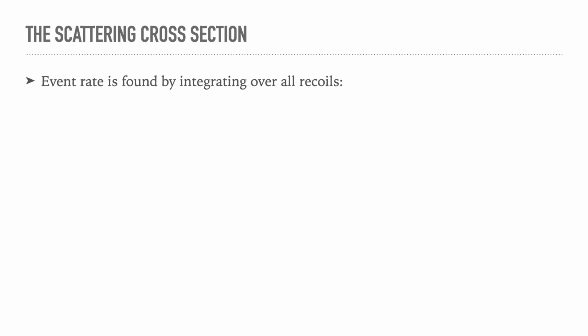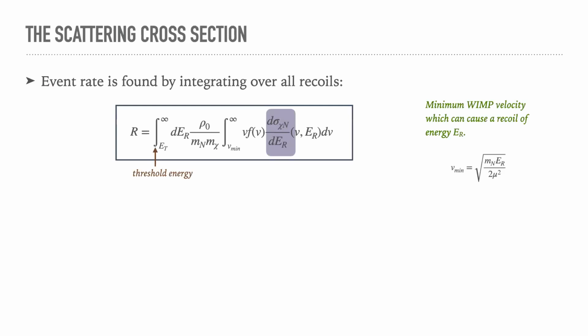So the event rate is happen. So if we want to know the event rate, what we're going to do is integrate that expression over our threshold energy to infinity.